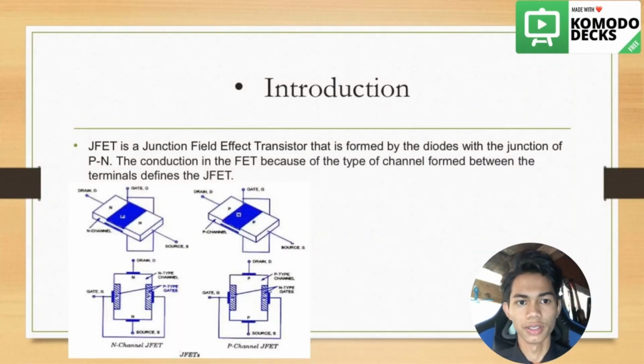Okay, first, introduction. JFET is a junction field effect transistor that is formed by diodes with a PN junction. The conduction in the FET, because of the type of channel formed between the terminals, defines the JFET.